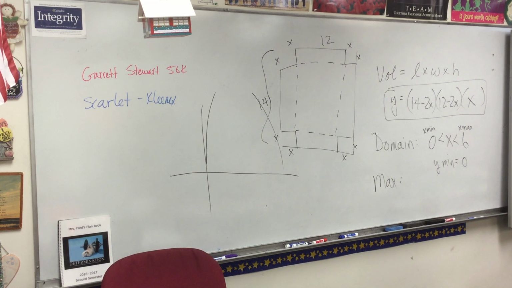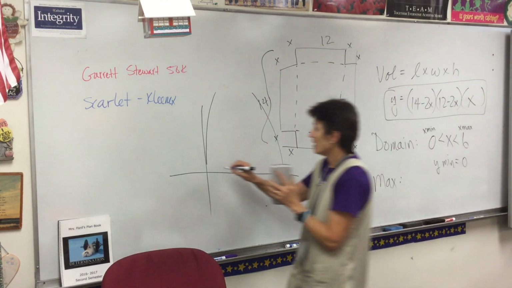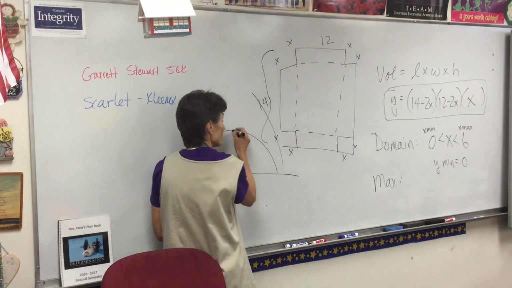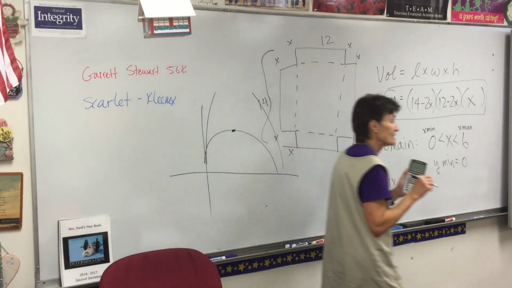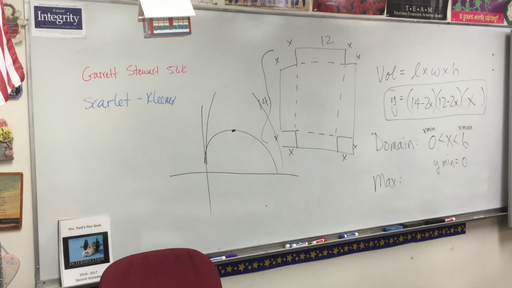All that matters is when I hit graph, I need to see the top of a hill. So if you can see the top of a hill, you got it. If you guess a Y and you're still not seeing the top of the hill, go back in and guess again. You got to see the top of the hill, because that is the maximum.